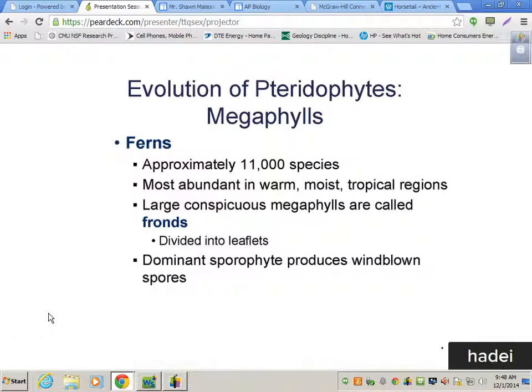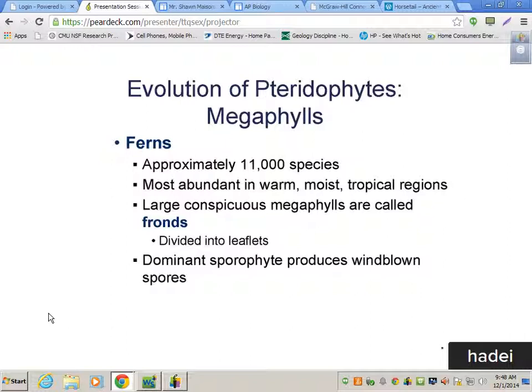So, oh lordy. Now looking at ferns, we've seen a lot of ferns, even though you guys won't admit to it. You see a lot of ferns, whether it's in the flowers that get delivered or hopefully in a walk in the woods. But there's approximately 11,000 species of ferns. They're most abundant in warm, moist, tropical regions, although in Michigan, because we have so many wetlands, we actually have quite a few ferns.